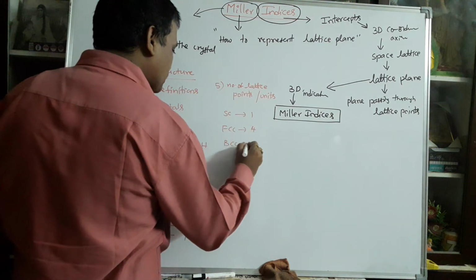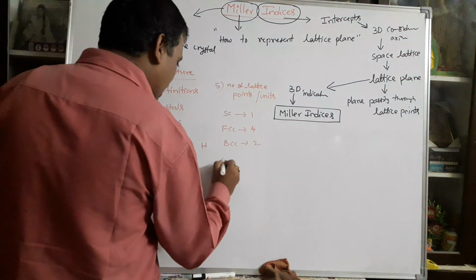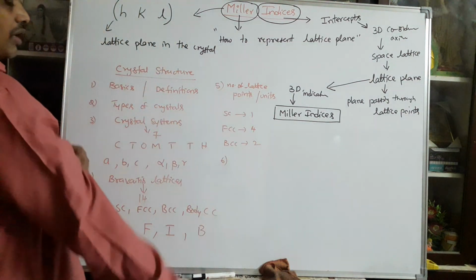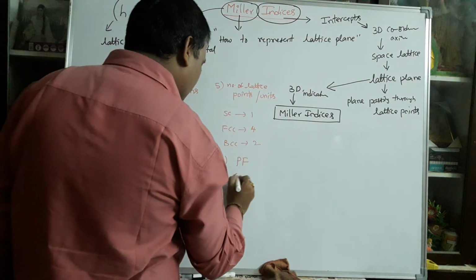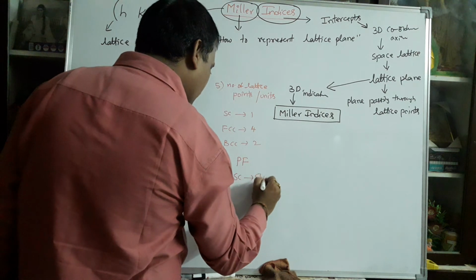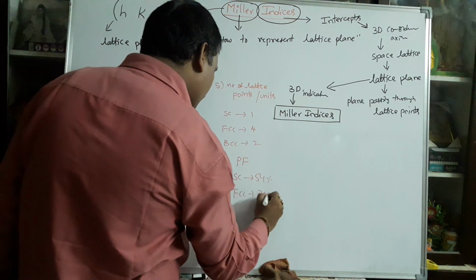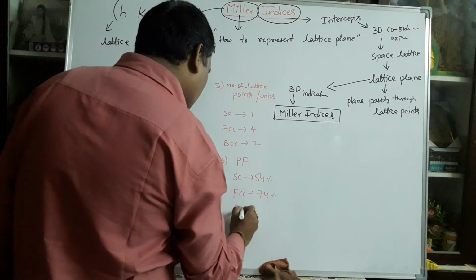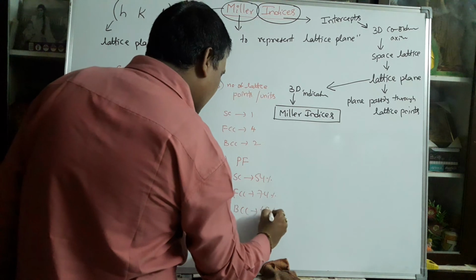Body centered cubic structure has 2 lattice points. After that, we went to the packing factors. Simple cubic structure is 54%, face centered cubic structure is 74%, and body centered cubic structure is 68%.